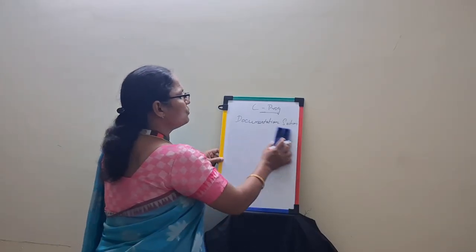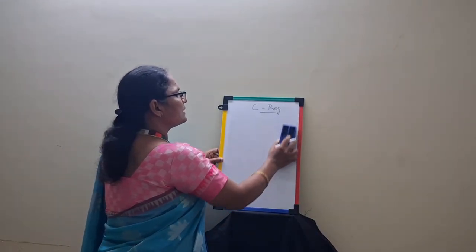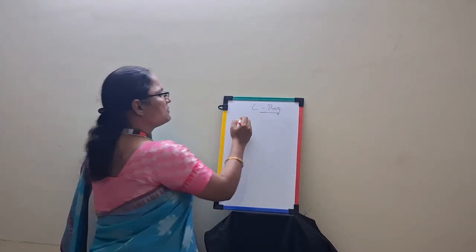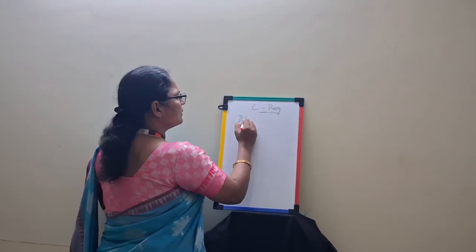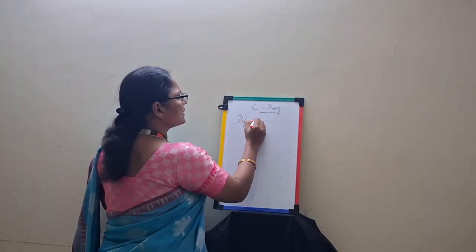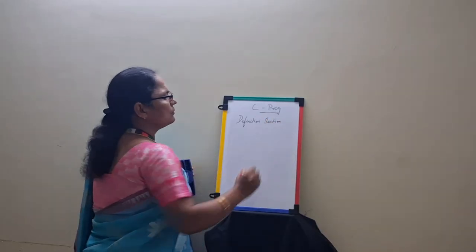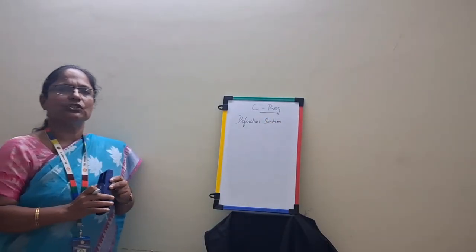So we have seen two sections, the documentation section and the preprocessor section. Then we have something known as the definition section. What do you mean by definition section?